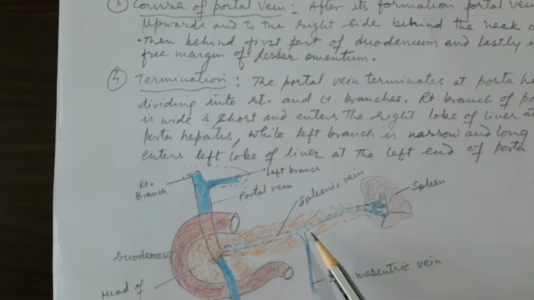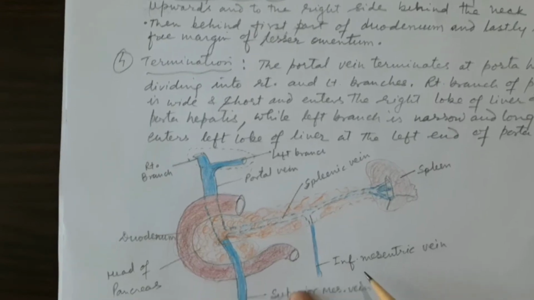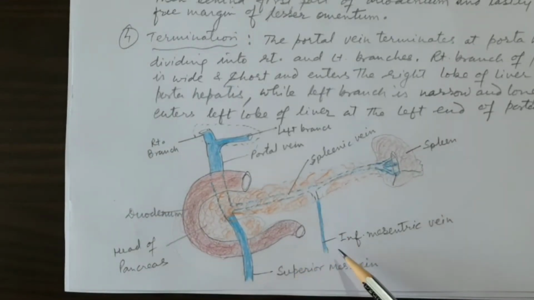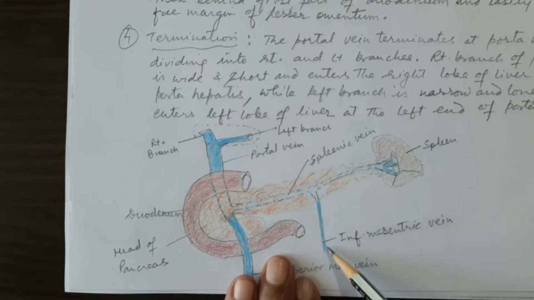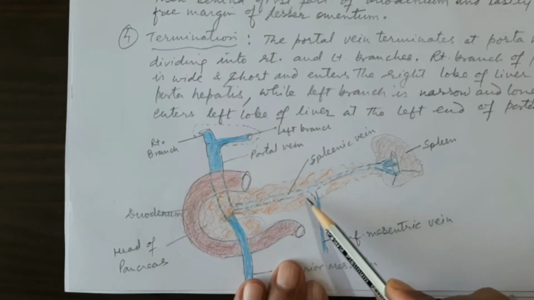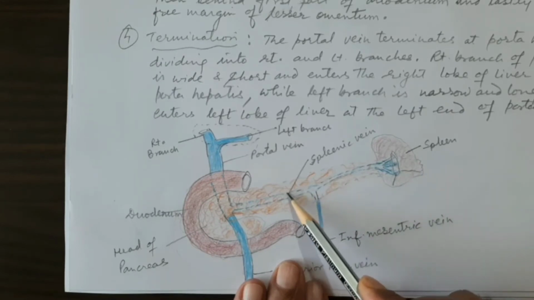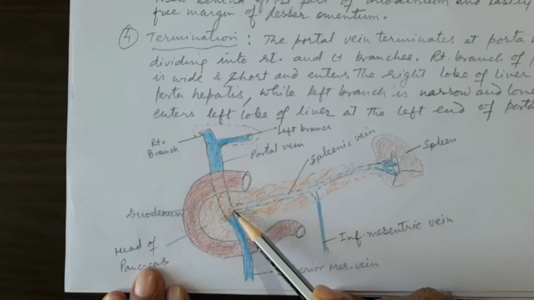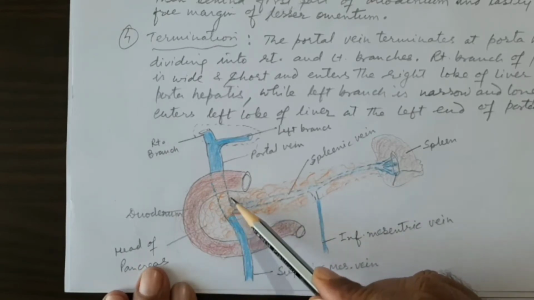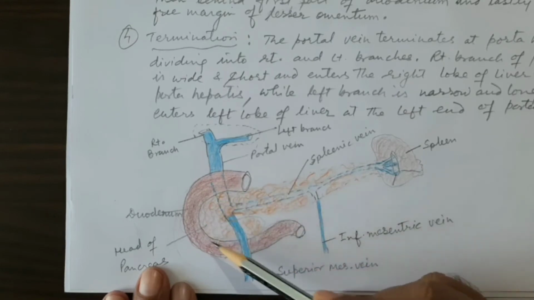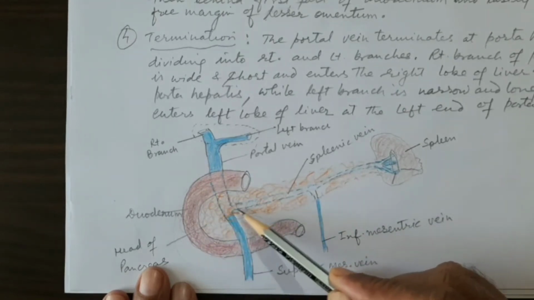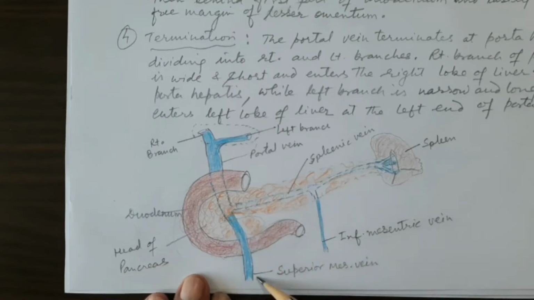Now the splenic vein is joined by the inferior mesenteric vein, which brings most of the blood from the large intestine. This tributary, the inferior mesenteric vein, and ultimately this splenic vein will go towards the neck of the pancreas, where in the concavity of the duodenum, it will join this larger vein called the superior mesenteric vein.